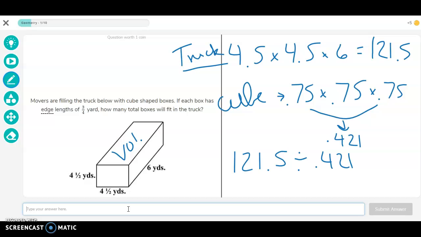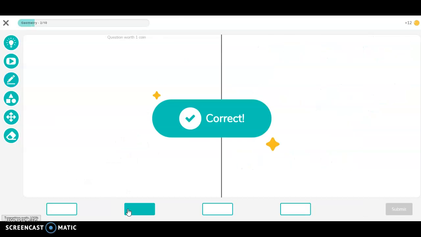So we're going to round that in the boxes that we can fit. So we have 288.59. We're going to either round up or round down, is what I should have said. But we cannot round up because if we do 289, it's not going to fit into the truck. You're going to be out of room. So we're going to do 288.